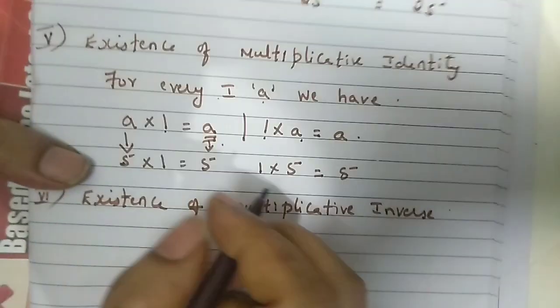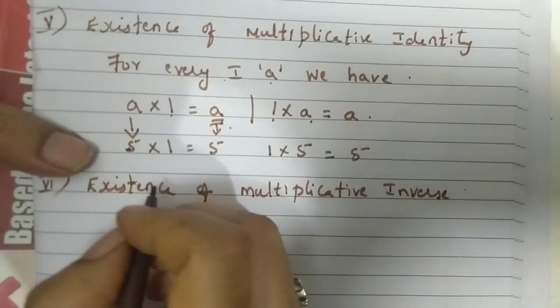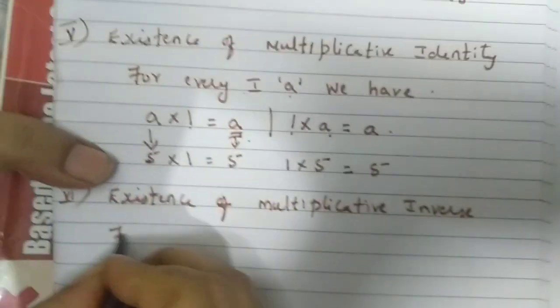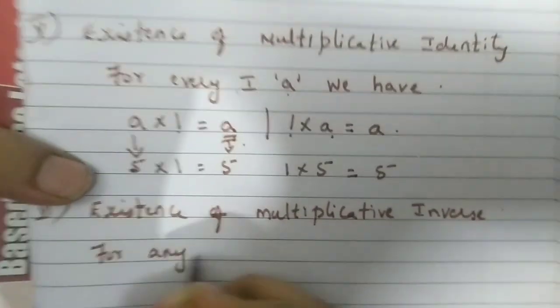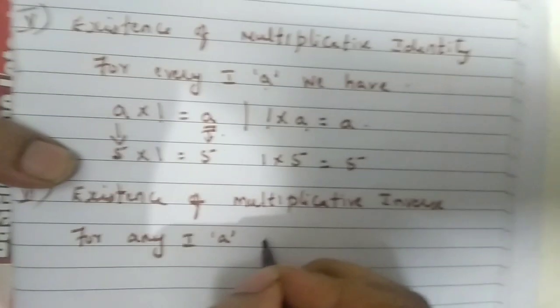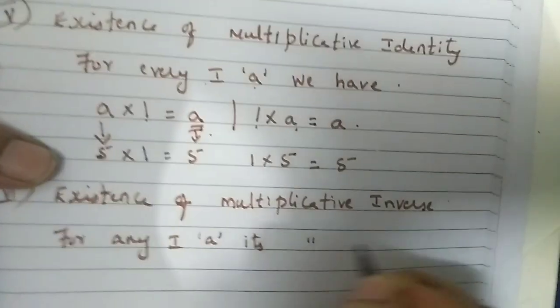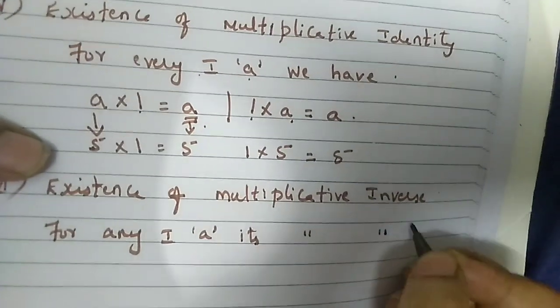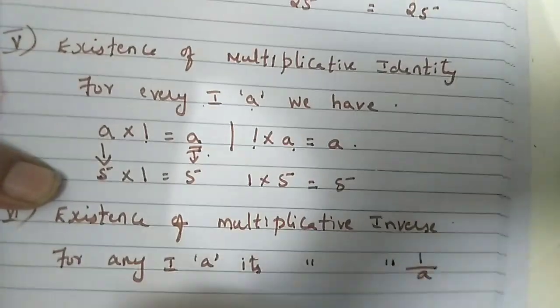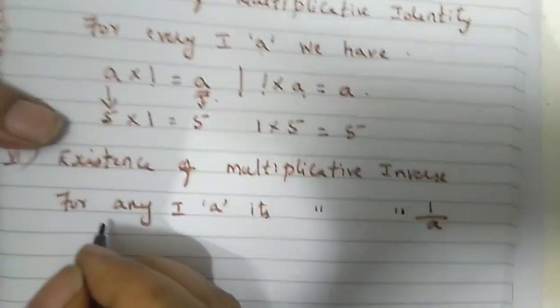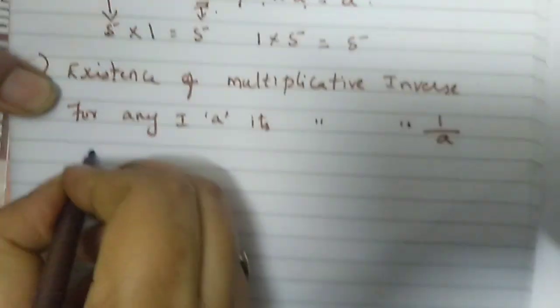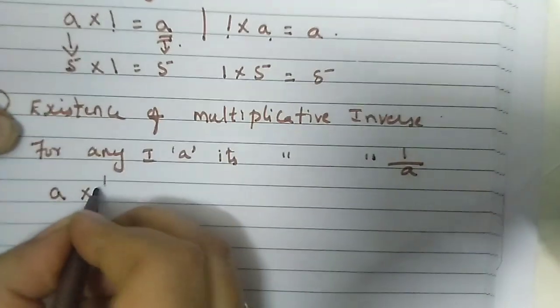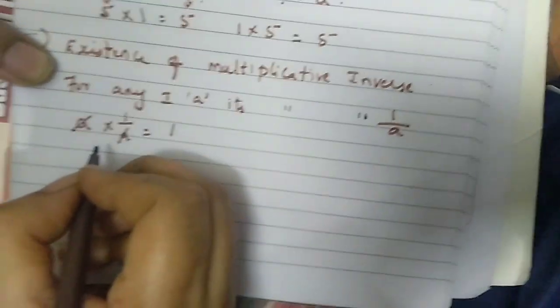Here, for any integer a, its multiplicative inverse is going to be 1 by a, so that it looks like a into 1 by a, which gives you a, and a gets cancelled, which still gives you 1.